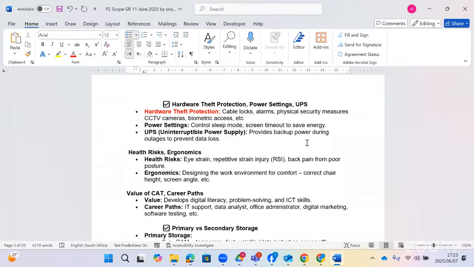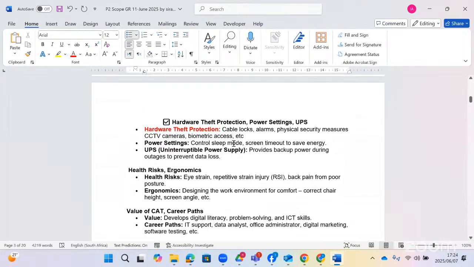The first one, you can have cable locks, install an alarm system in the computer lab, and physical security measures like inserting biometric access control, CCTV cameras, and also having a PIN code device so that when you type the PIN code, the lab or the door will open.